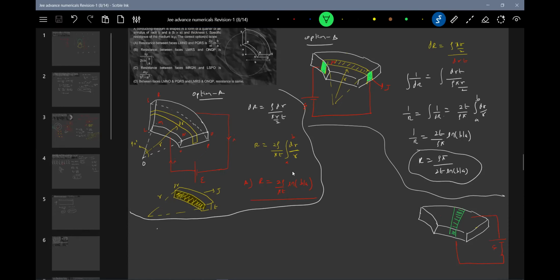We know thickness t. The thickness here will not matter. Here the radius r is there, r d theta will come. Okay, I'll bring another diagram.